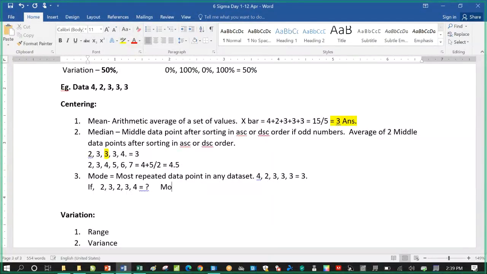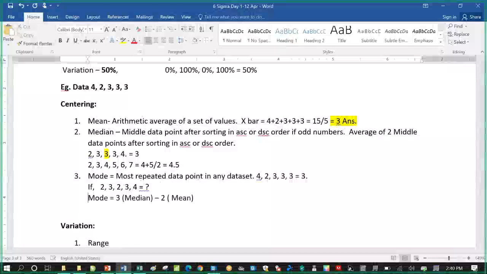Mode is equal to 3 into median minus 2 into mean. This is a fixed formula. Anytime you can use it.